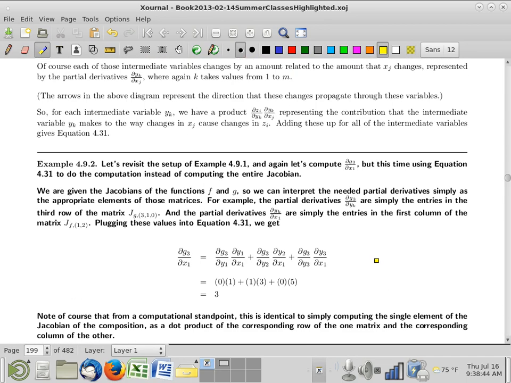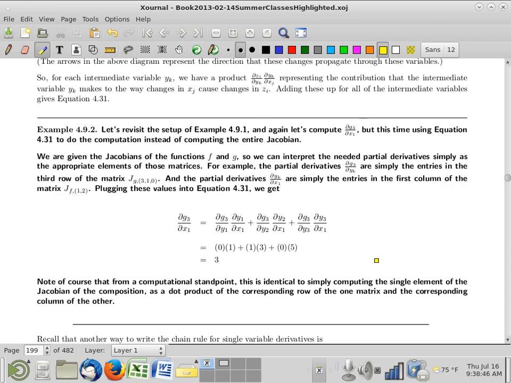But let's see how the calculation would look different if I used this intermediate variable point of view. And so the intermediate variable point of view says that, look, in trying to compute this partial derivative, we've got the G3 variable that we're taking the partial of, and we've got the X1 variable that we're taking its partial with respect to. Right?